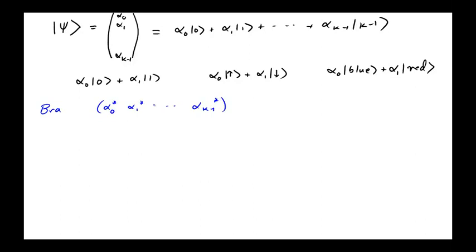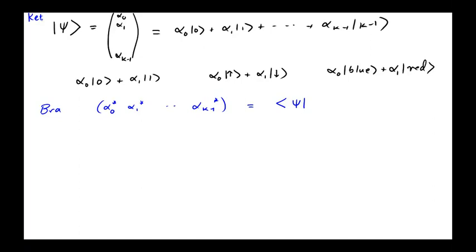By star I mean, of course, the complex conjugate. We'll denote this vector by this symbol, where the pointy end is to the left. Together with the Ket, this forms Dirac's Ket notation.